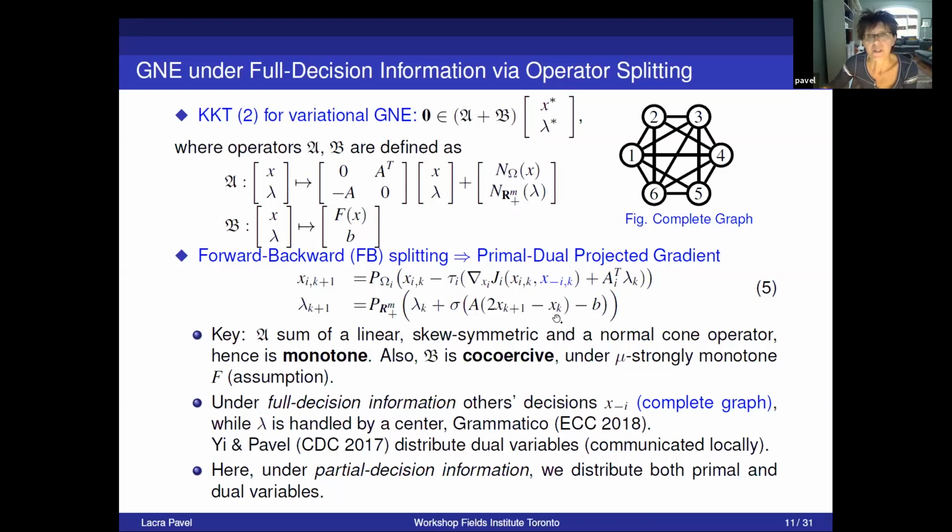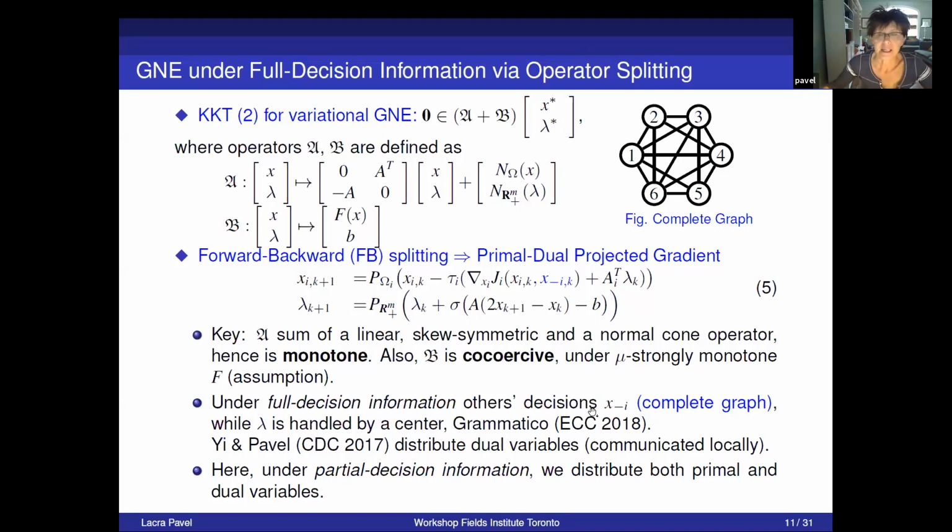What one sees is that each player has to do a projected gradient that involves its own cost function, as well as the pricing, as well as a projected ascent on this pricing that has to be done by some center, because you see here the distributed, this is with respect to each player only in the first equation.